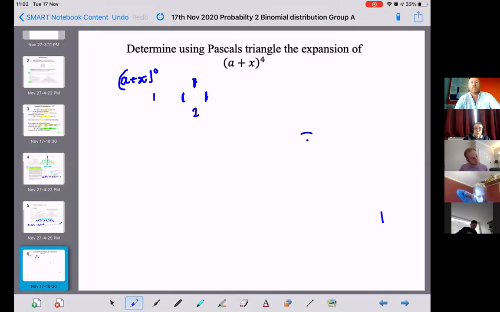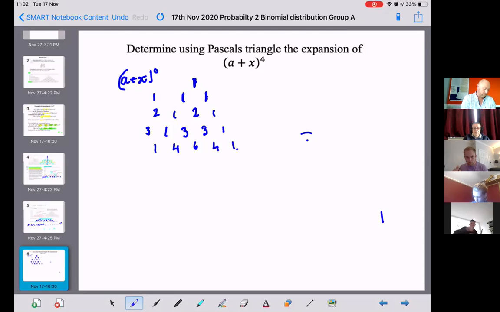We're going to have a 2 in the middle there and 2 1s either side. That's (a + x) to the 2. 1 outside, 3, 3, 1. That's (a + x) to the 3. So (a + x) to the 4 has got a 1 there, a 4 there, a 6 there, a 4 there, and a 1 there. So this line here is (a + x) to the power of 4. Everybody follow that?